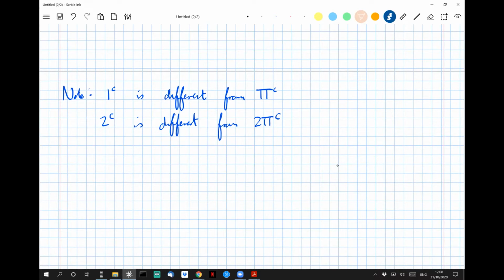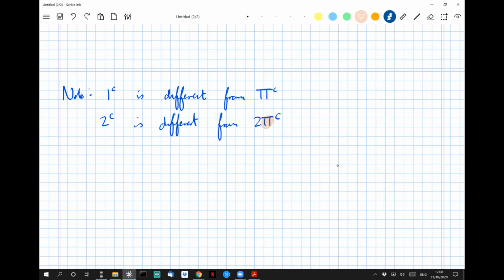2 radians, or rather 2 pi radians here, is 2 times 3.14 approximately, much like 1 radian is that there, but this is 3.14 radians. This is 6.28 radians approximately.